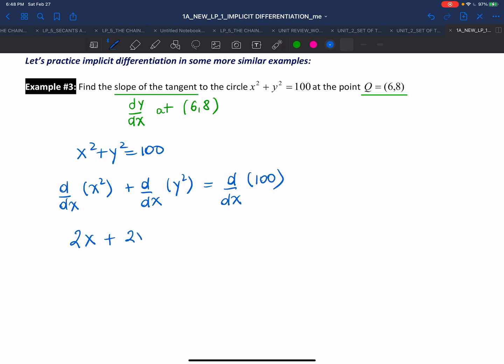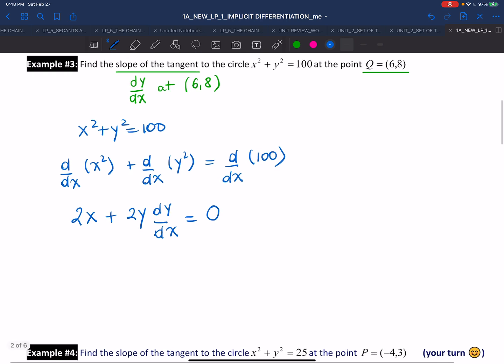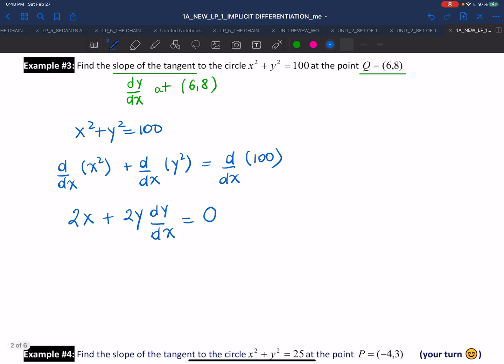So that would be 2y, multiplied by the derivative of the inside, dy dx. And that would equal d dx of 100, which is the derivative of a constant, which we already know is 0.